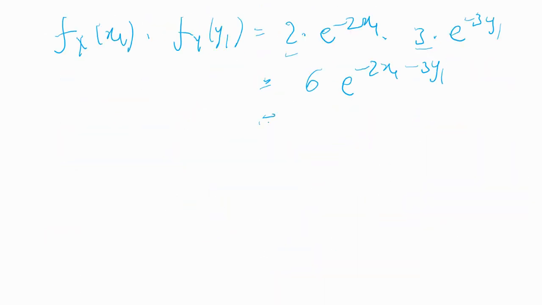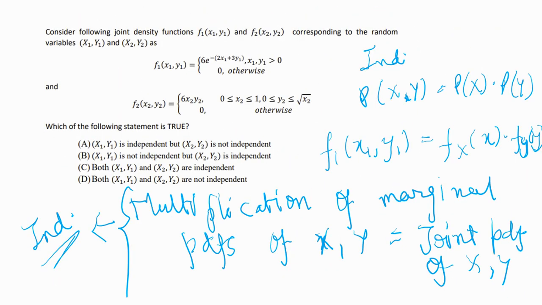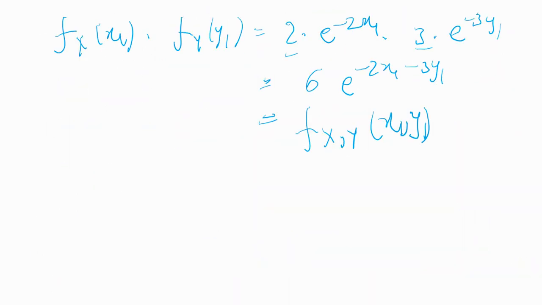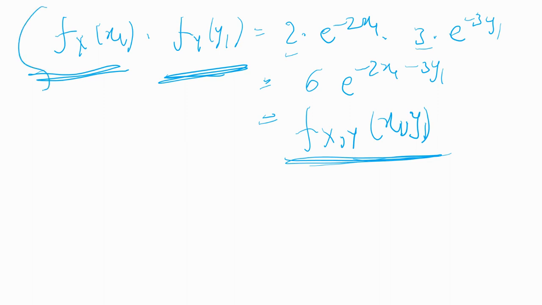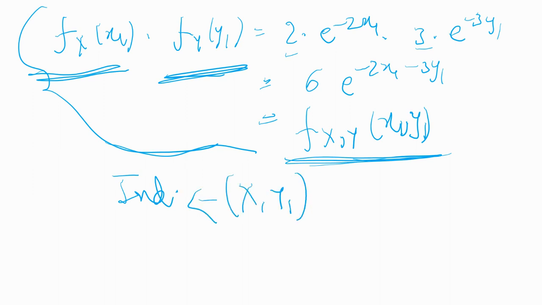So this one is equal to fxy at x1, y1. So now you have this multiplication of marginal PDFs of x and y is equal to joint PDF of x1 and y1. So this one will be independent. Okay. So x1, y1 are independent.